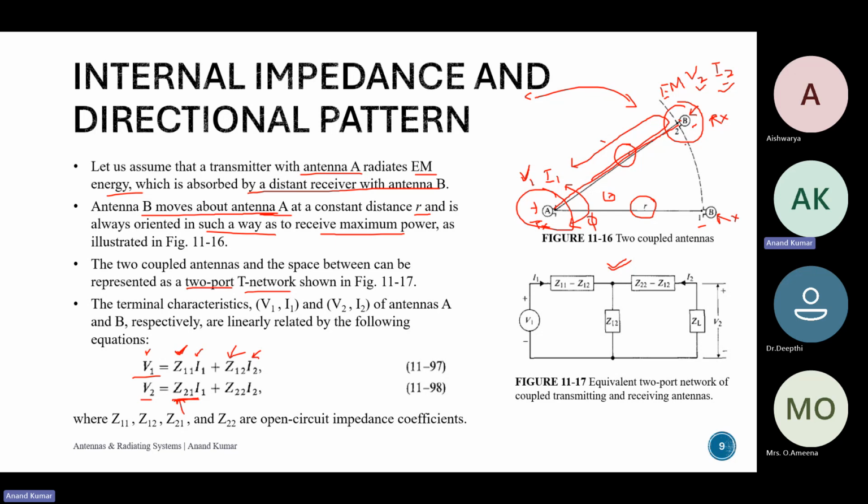And this particular antenna in itself will have some input impedance, and due to that, some of the current which was transmitted will be used up by that.